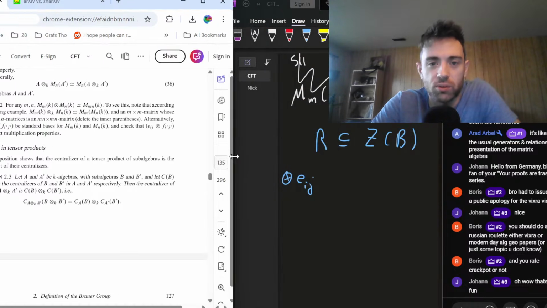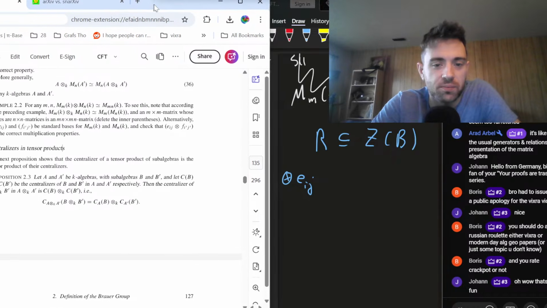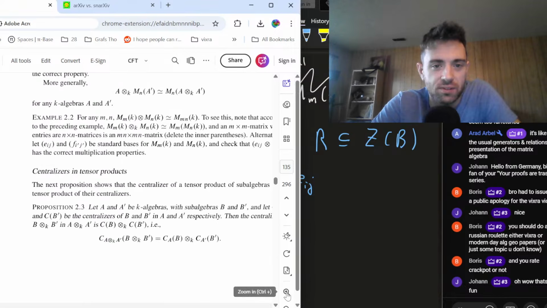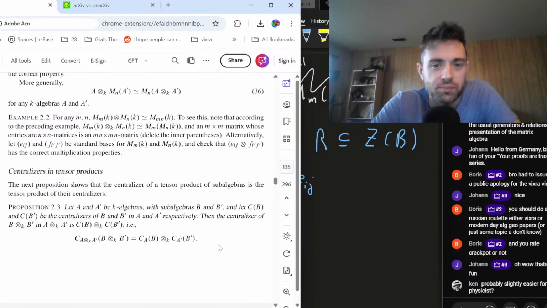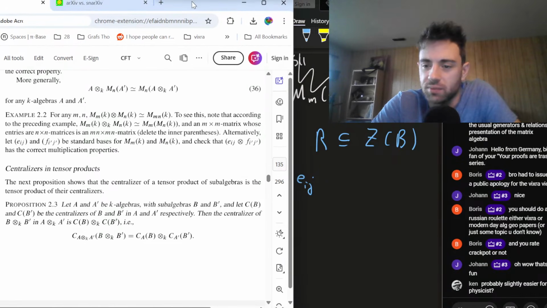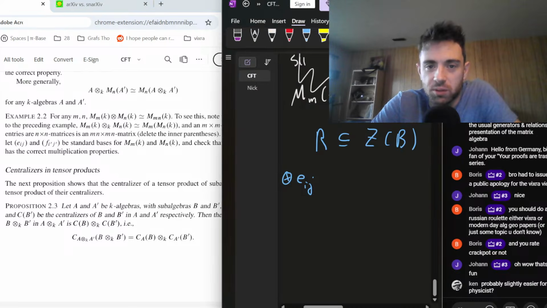Okay, I messed up my whole setup here now. Probably slightly easier for a physicist. One would hope that perhaps.